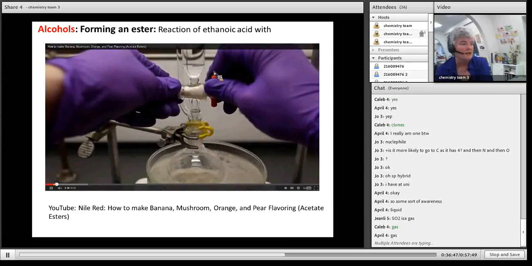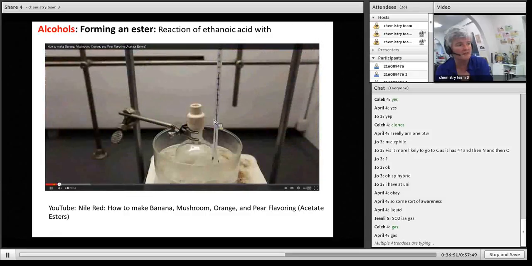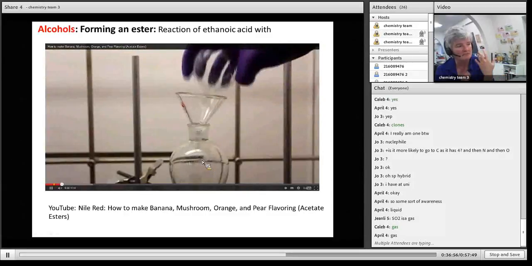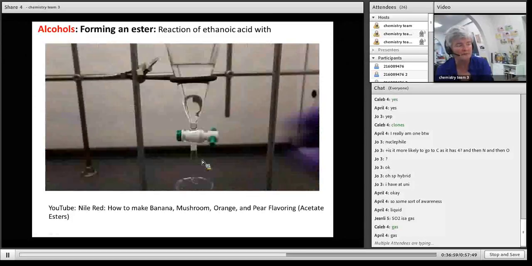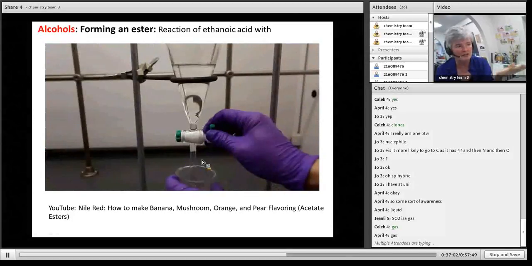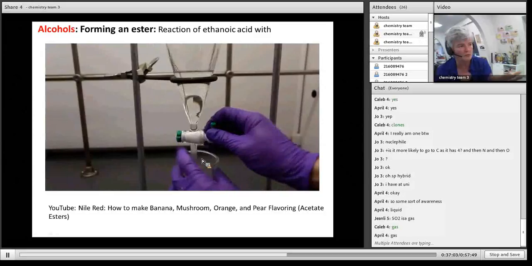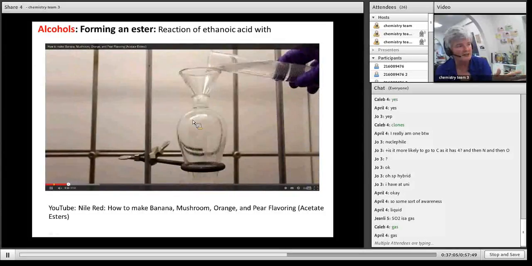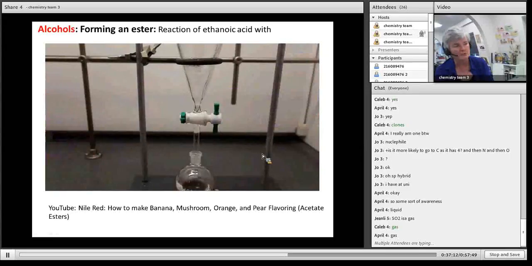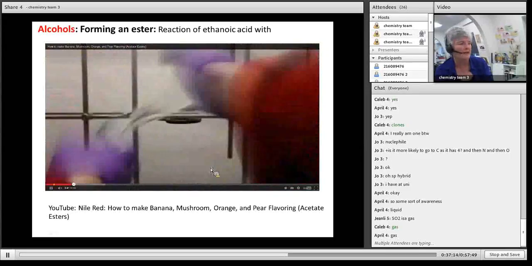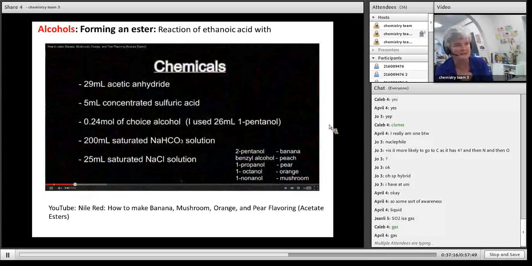So here we're adding the substance, and it sometimes gets done in a cold area and sometimes in a hot area to heat it. It really depends on what stage you're in. This is a separating funnel, and I don't know if you saw those 2 layers. If you listen to it, it explains what they are doing. I'm not going to go through the whole thing because it's 6 minutes.